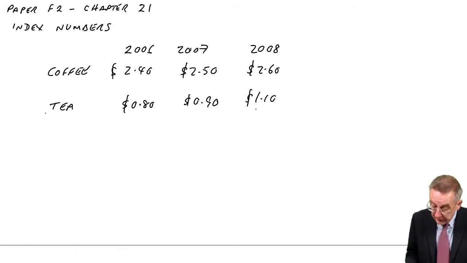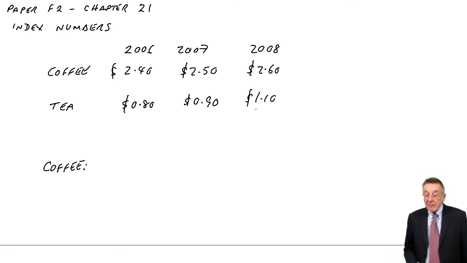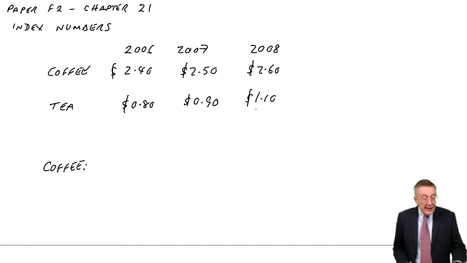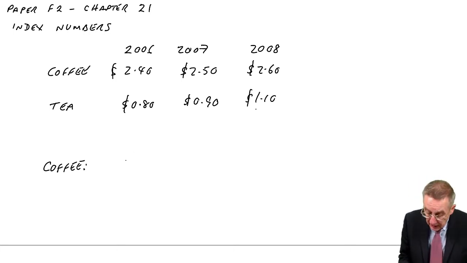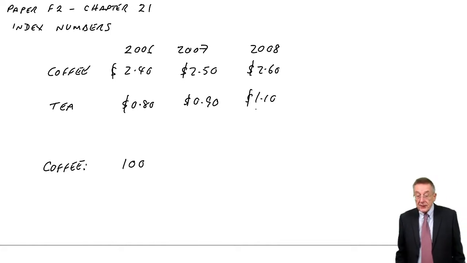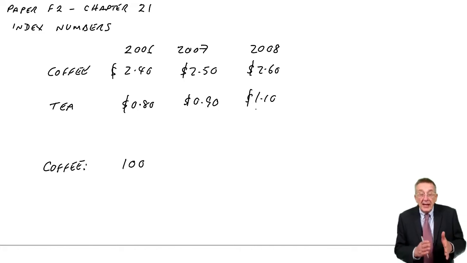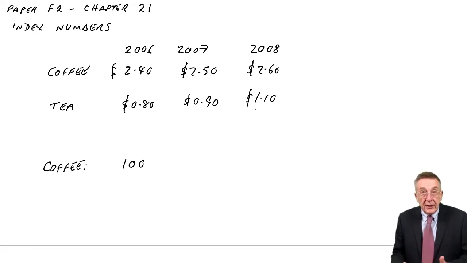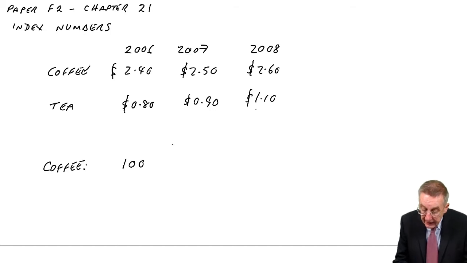And what we do, going back to coffee, since I wrote tea, I will do tea as well after. But we have a base year, and we say here, we're going to use 2006 as a base. So let's suppose it cost 100 units in 2006. So with a base of 100, which is equivalent to $2.40, what would it be in 2007? Well, for every $2.40, it's gone up to $2.50.